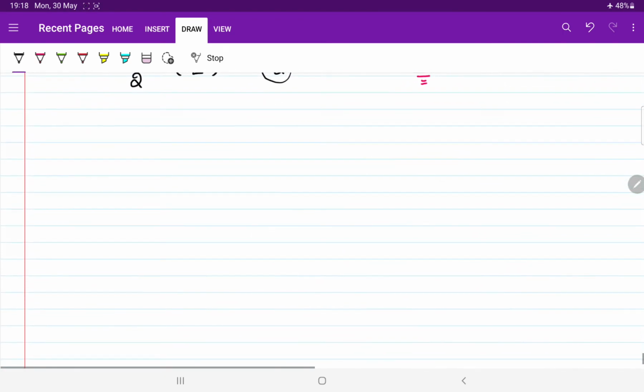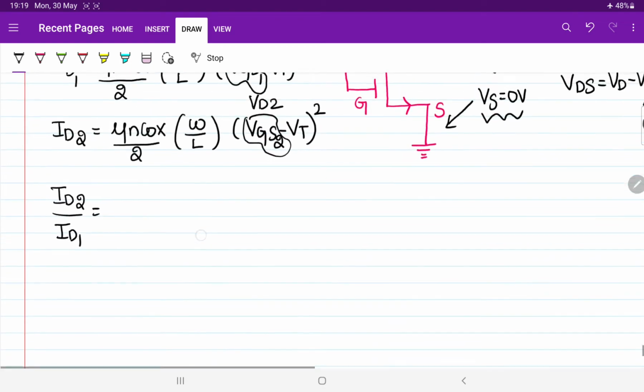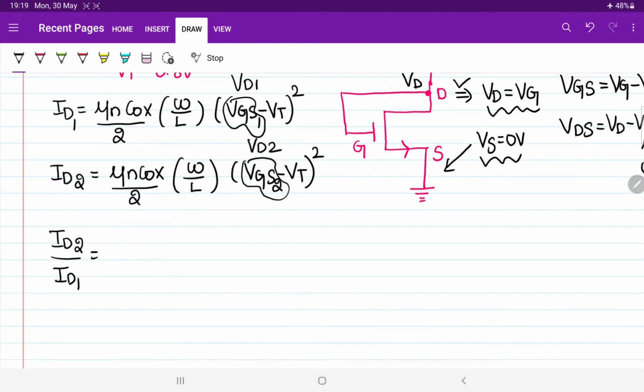Now if I take the ratio ID2 upon ID1, can you please tell me what will come? When you take the ratio between these two expressions, the common terms will get cancelled: mu n C ox by 2, mu n C ox by 2, W by L, all these factors will get cancelled because they are common to each other.